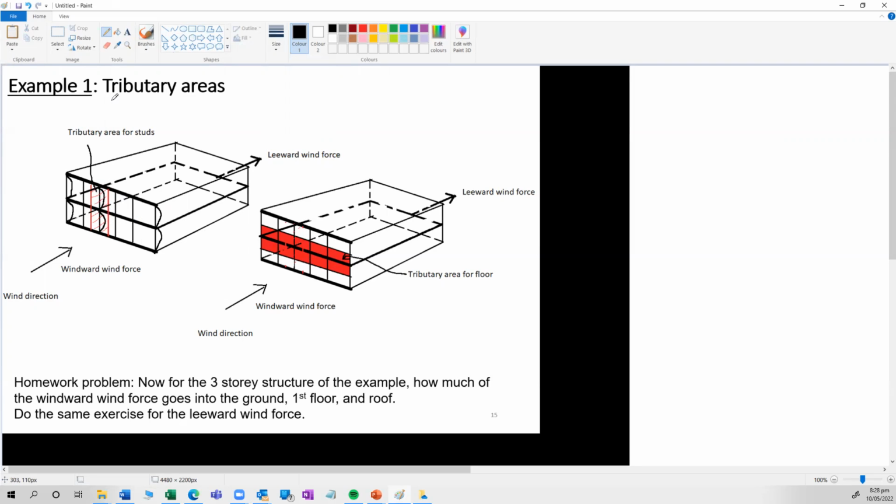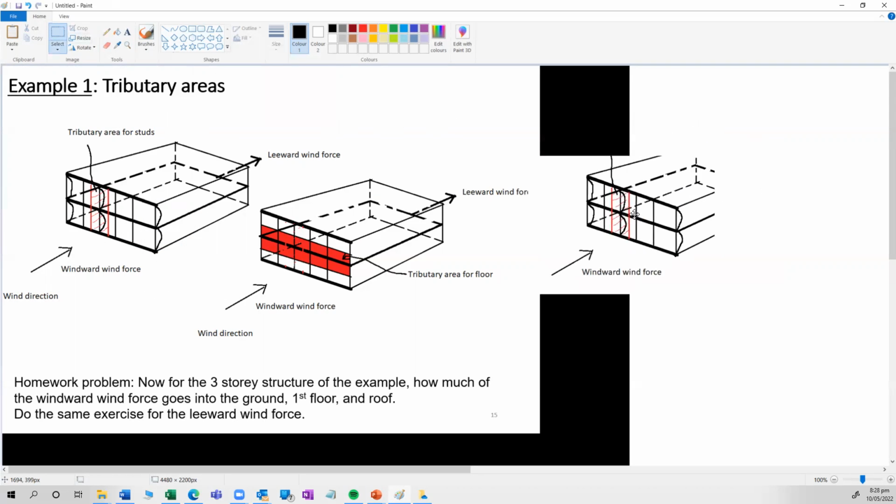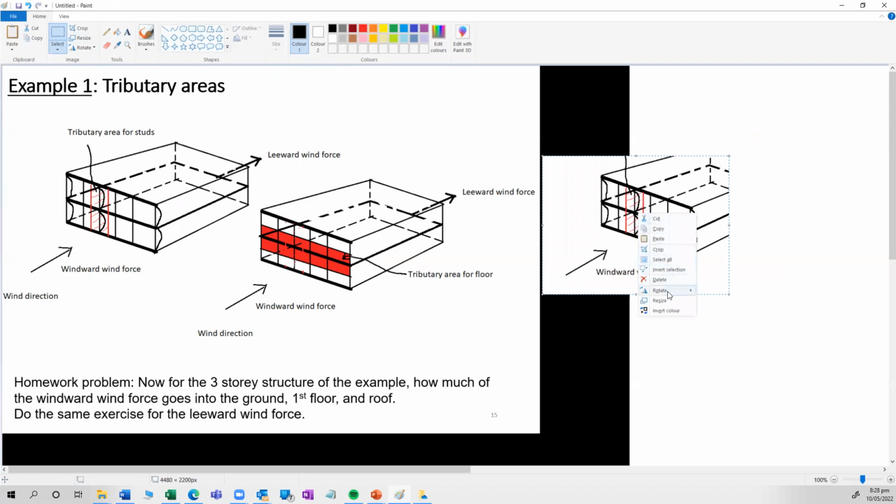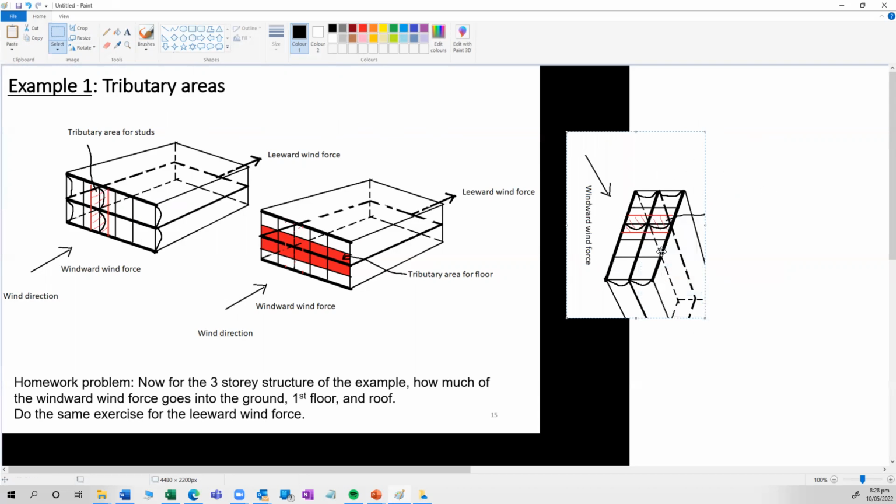It'd be easy if you could just flip this. It'd be very easy to understand, perhaps easier. So I could just paste that there, and if I rotate that, I think it'll work. Imagine if this was a floor area, and you've got pressure on it.